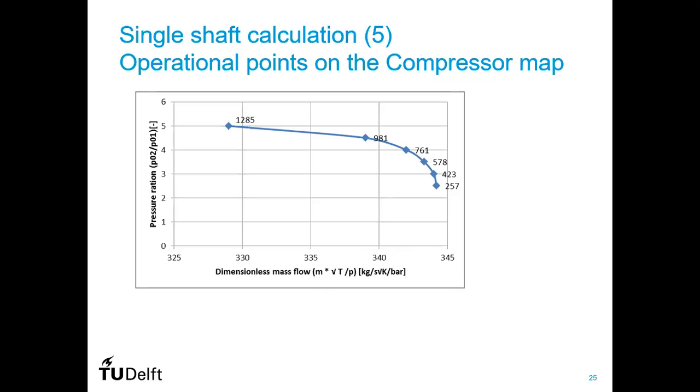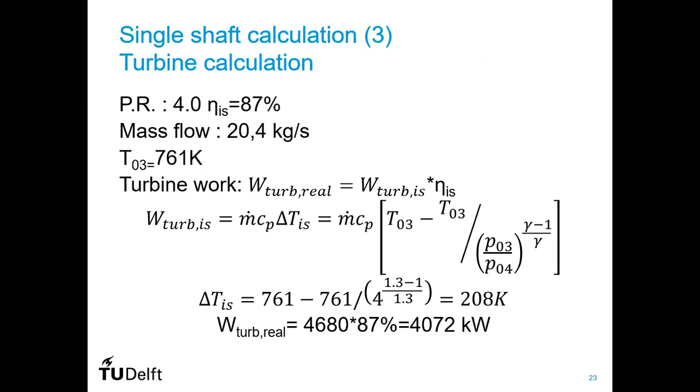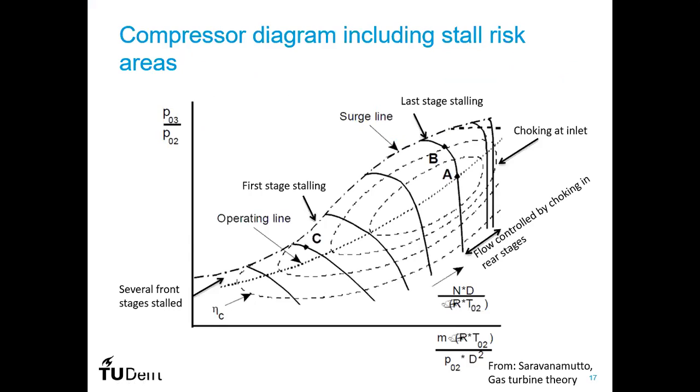In reality, you will also see that the performance of a compressor depends a little bit on the ambient temperature. If you look at the real compressor map, with the different lines of constant dimensionless speed, the dimensionless speed is the rotation speed divided by the square root of the temperature, so all these lines are linked to a different inlet temperature.